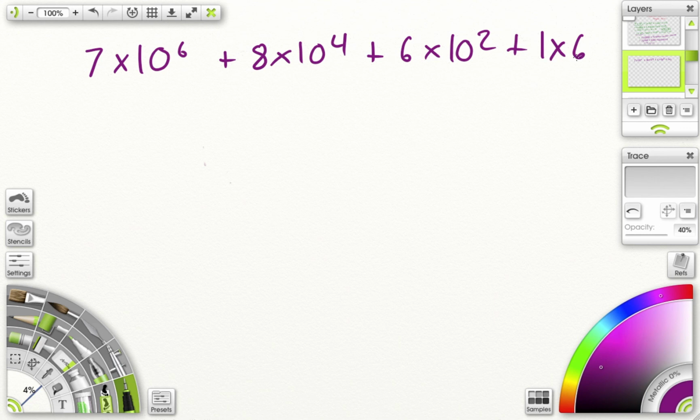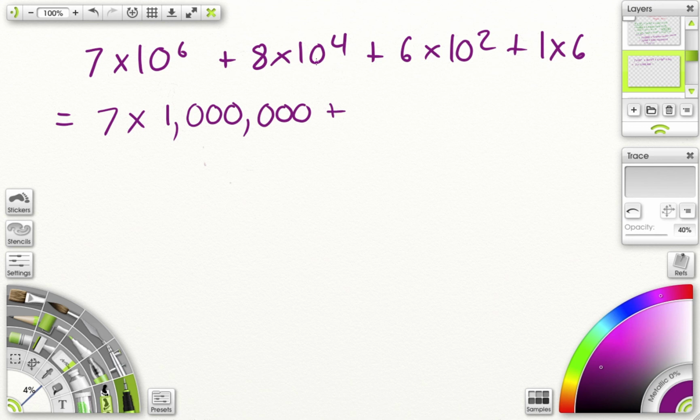All right, so we need to figure this one out. I usually like breaking it down into sections. So 7 times 10 to the power of 6, as we now know, 10 to the power of 6 is equal to 1 million. So 7 times 1 million, so it's 1 with 6 zeros after it. I usually just put commas to help visualize it a little bit better.